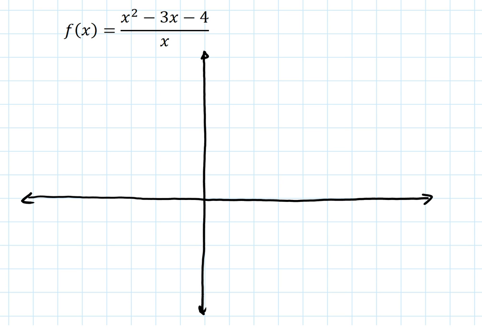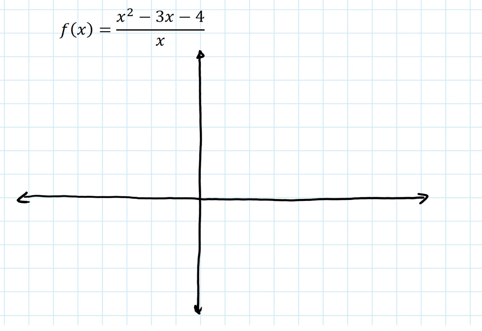So when we come back to this problem, we can see the degree of my numerator is larger than the degree of the denominator, so there's no horizontal asymptote. For the vertical asymptote, I'm going to just set the denominator equal to 0. That's pretty easy, right? x equals 0. So this line, x equals 0, is indeed a vertical asymptote. There is no horizontal asymptote here. Now let's set the numerator equal to 0 and see if there are any zeros of the function.